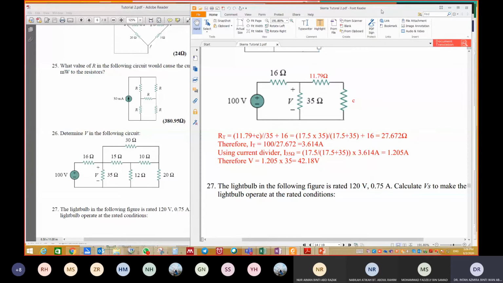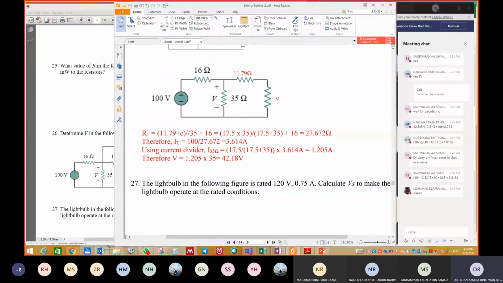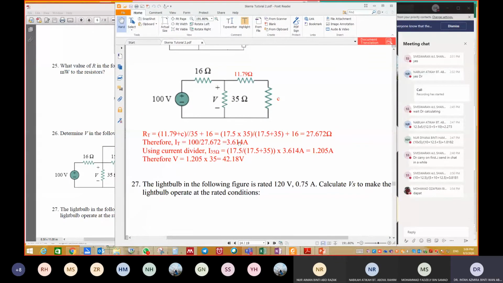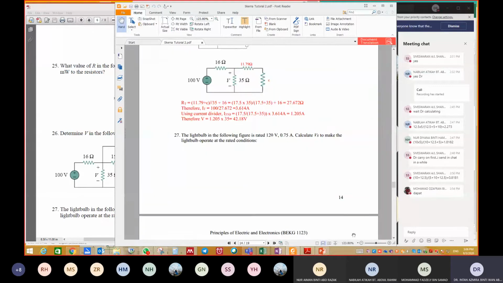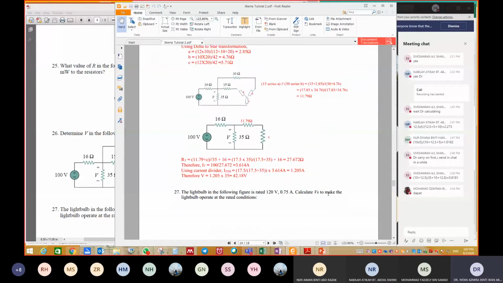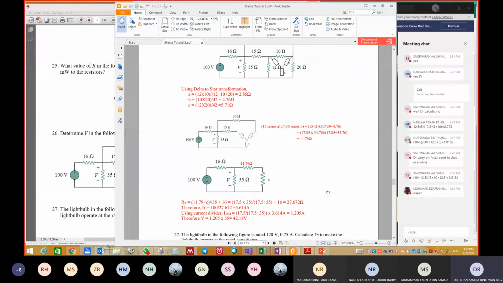Any question? Can you understand this question number 26? This is one alternative. You can find V by using any approach, up to you, as long as the approach is correct and you get the answer.